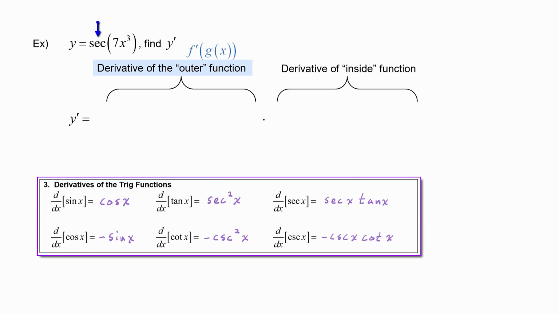So the derivative of secant of some stuff is going to be secant stuff tangent stuff. So that means it will be secant of the quantity 7x cubed times tangent of the quantity 7x cubed.